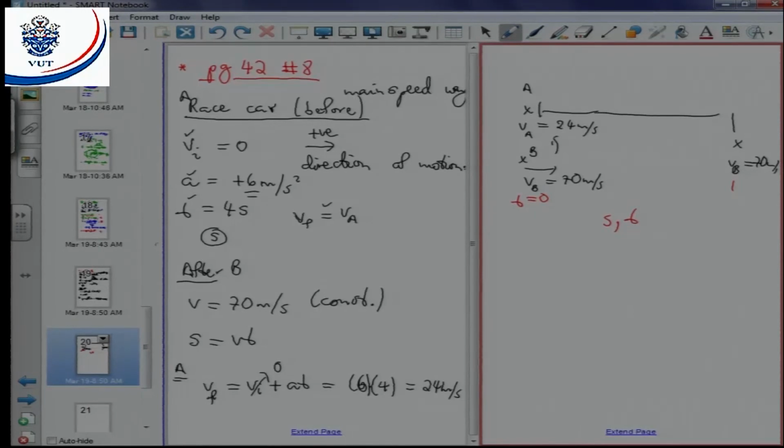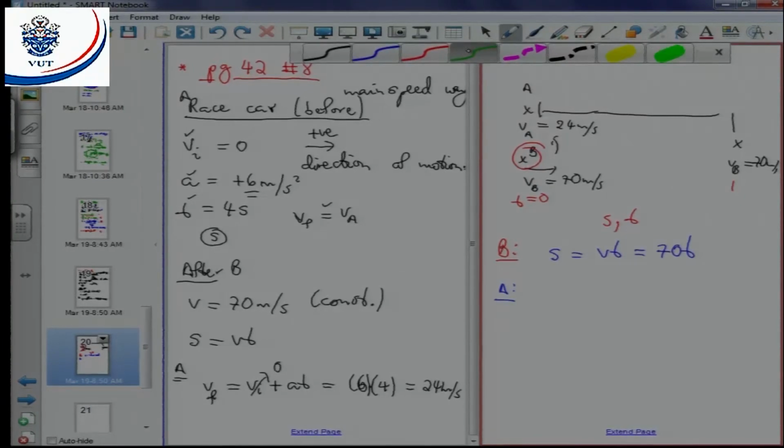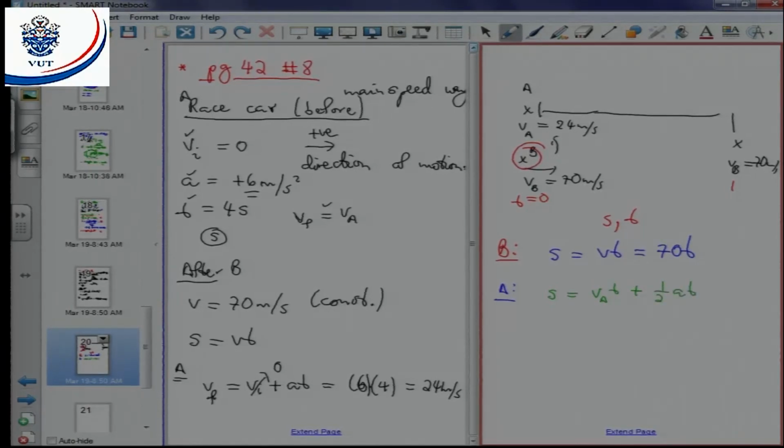Okay, so from car B, what we learn is S equals Vt, and V is 70, so the distance is just 70 times T. For car A, what we learn is we are looking for S also, so S equals VAT plus 1/2 AT squared.